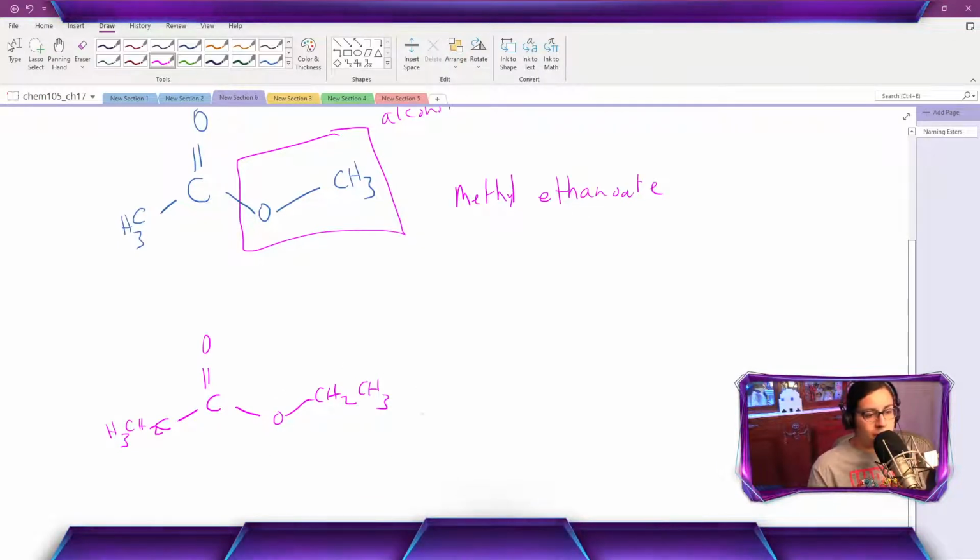So we have our alcohol group, so ethyl, 1, 2, 3, so propanoate. And so we'll be forming esters in lab today.